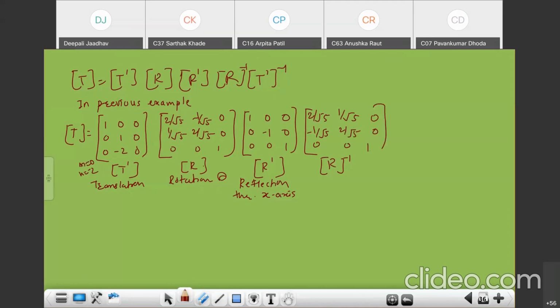That is the fourth transformation matrix, the inverse rotation. Then the last is inverse translation, where m is equal to 0, n is equal to 2.